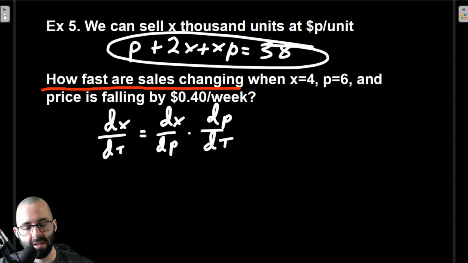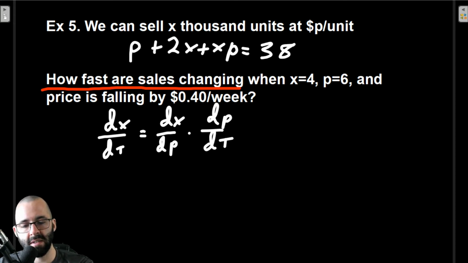All right. We can take the derivative of both sides with respect to P. That's how we're going to start. So the derivative of X with respect to P, we're going to take dp of both sides.